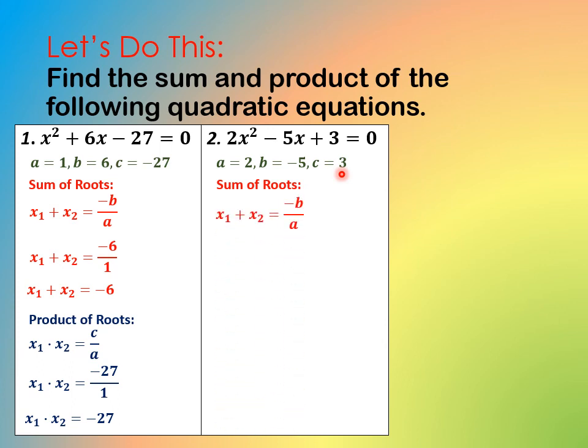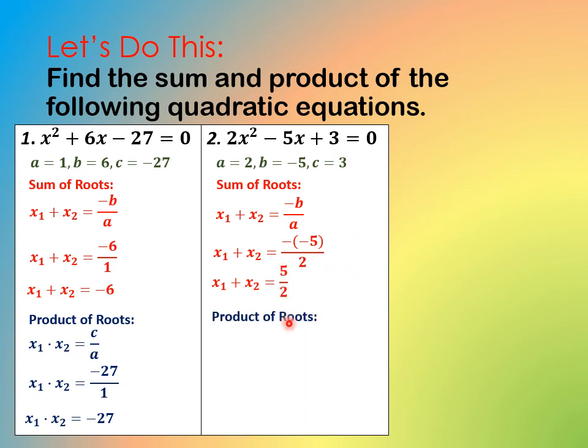For the sum of roots, again, we substitute in negative B over A. B is negative 5, so we have negative times negative 5 over A, which is 2. Negative times negative 5 is equal to positive 5 over 2, or the sum of roots of 2x squared minus 5x plus 3 is equal to 0 is 5 halves.